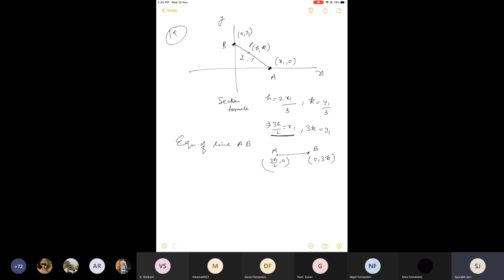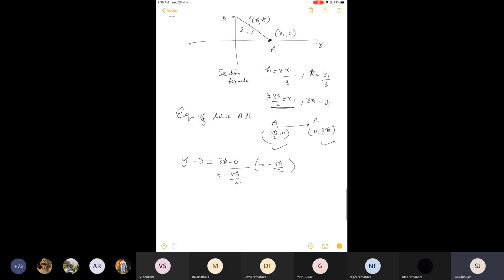So to write the equation of line AB, now you will use the 2-point form. Take one as x1, y1, other as x2, y2. y minus y1 equals y2 minus y1 upon x2 minus x1 into x minus x1. So you'll simplify this and this will be the answer. So this is 6k upon minus 3h into x minus 3h by 2.